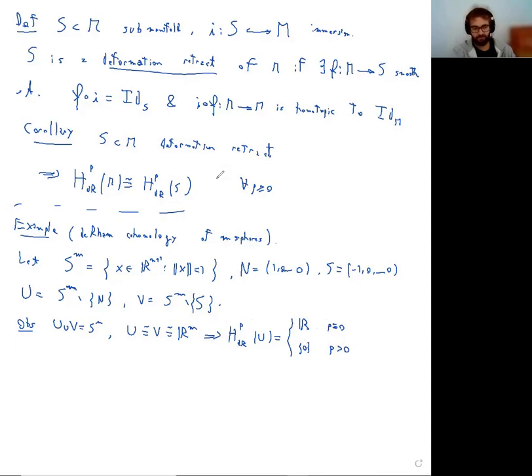And now actually with this deformation retract thing, we know something better. You need something less than star-like, which is simply contractible. Contractible automatically gives you this as well because of this corollary. And one other thing that we know is that U intersected V, which is just S^n minus north pole, south pole, admits its equator as a deformation retract.